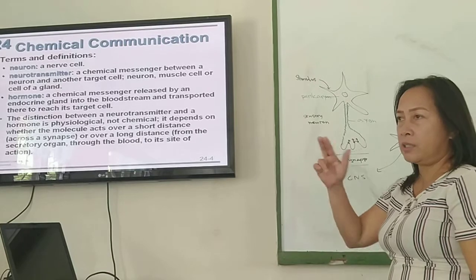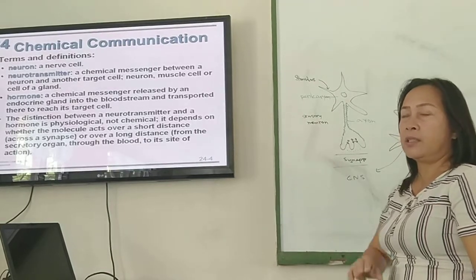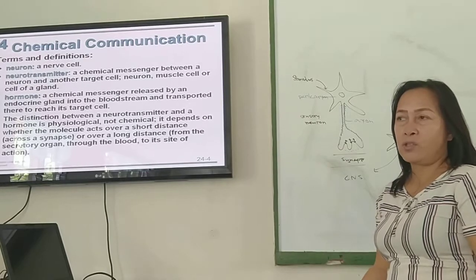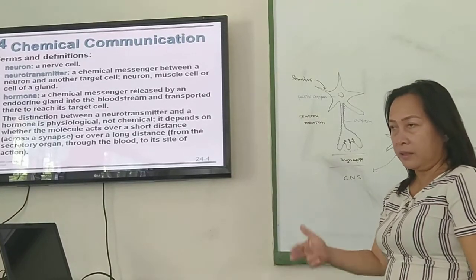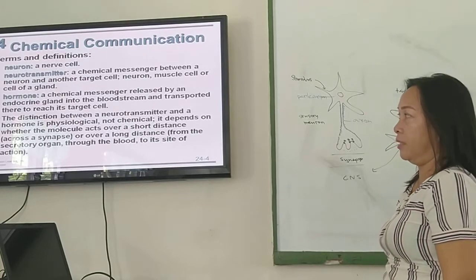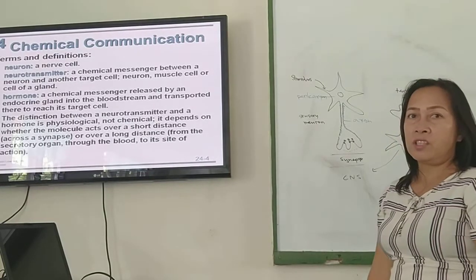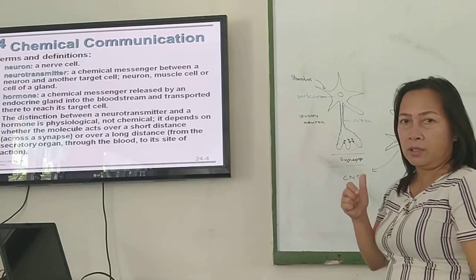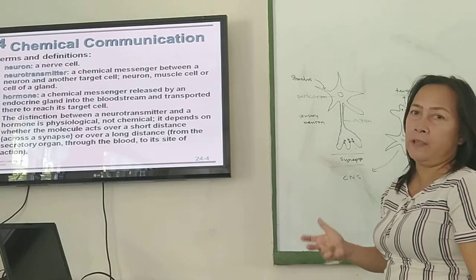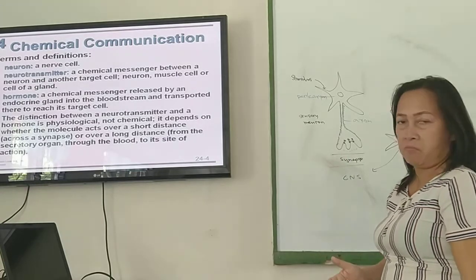And of course, it takes time, because that's the time they target the target organ for an action. But for the neurotransmitter, it's quick, it's short time. So it does not pass through the bloodstream.